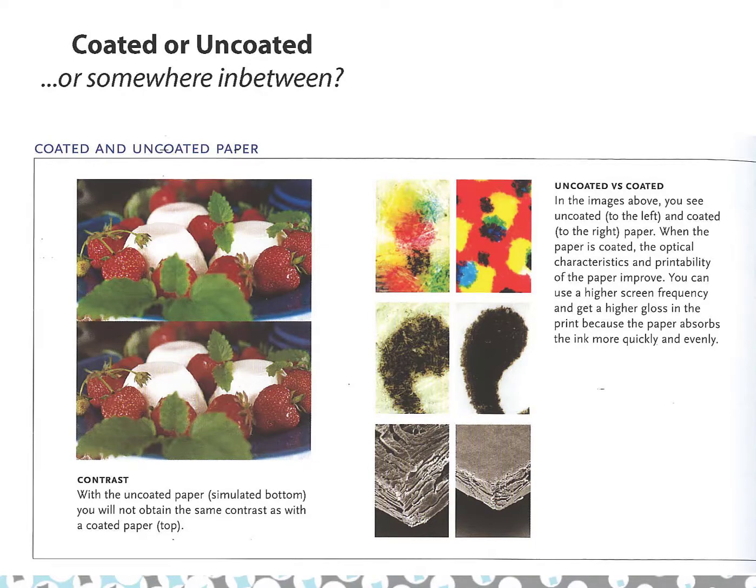As a result, you have brighter colors because the ink is up on top of the paper, not being absorbed by the fibers, and you have sharper images, especially when it comes to text or black and white lines. You'll have sharp lines. You'll have a sharper edge to your images.